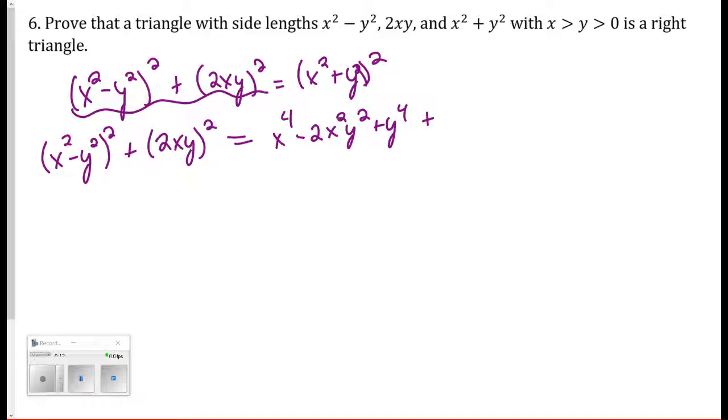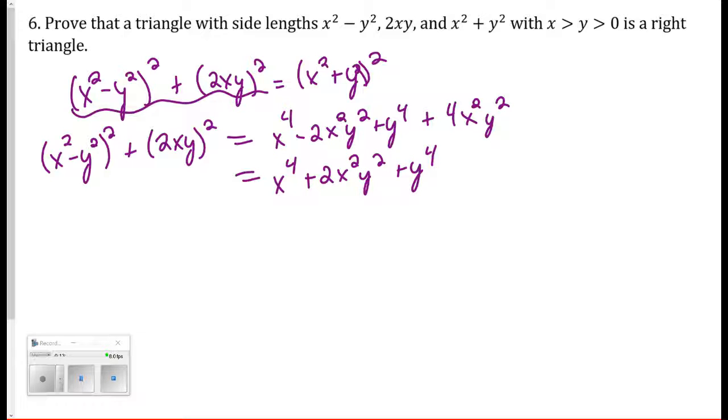Well, that's 2xy times 2xy, which gives me 4x squared y squared. I'm going to go through and combine my like terms now. x to the fourth, there's no other x to the fourths, minus 2x squared y squared plus 4x squared y squared is plus 2x squared y squared, and then there's no other y to the fourths.